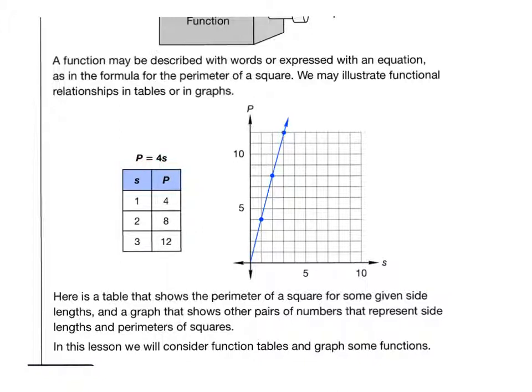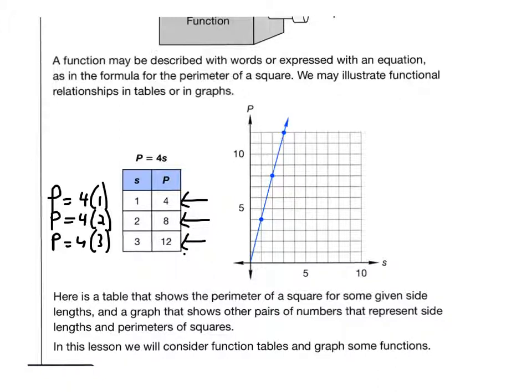And we've inputted 1 into the formula. So if we input 1 into the formula, the perimeter equals 4 times 1, and that's how we get the 4. And if we enter 2 into our formula for S, 4 times 2, that gives us 8. And then if we enter 3, of course, we get 12.